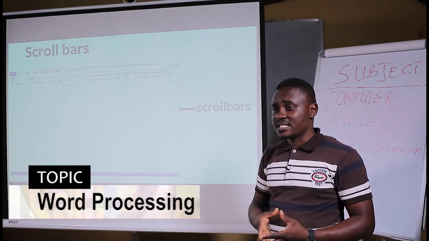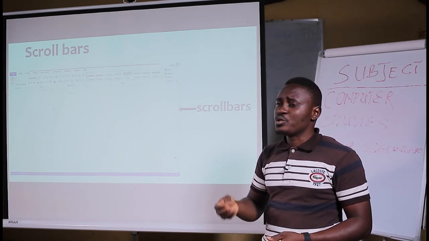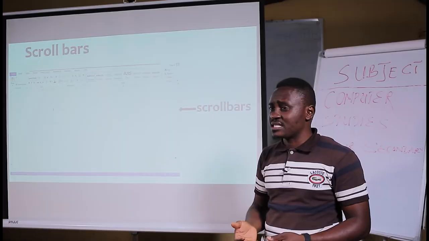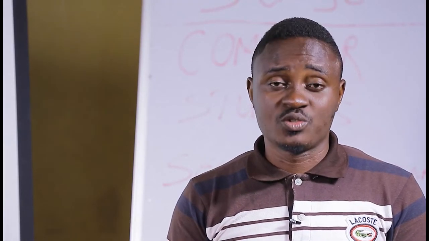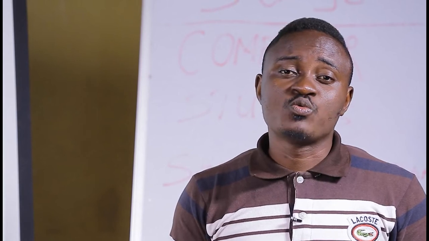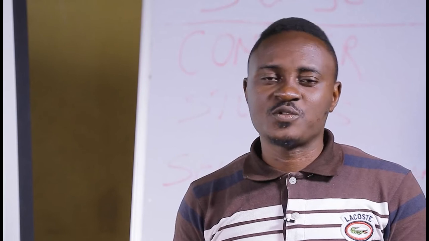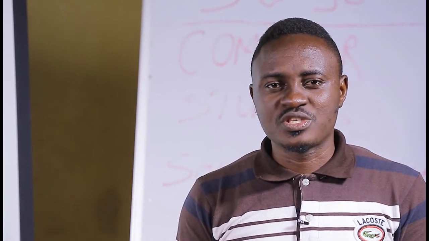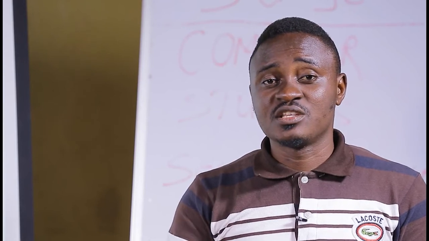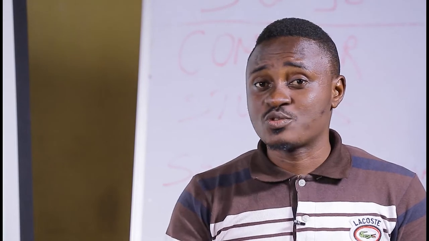And learners, I emphasize that you take note of every one of their functionalities, so it will help you in subsequent classes. We hope to put all of these things we have learned into action. So we'll be able to type documents, and we can use our rulers, which is a feature to adjust. We can use our formatting tools, that is the toolbox that has to do with italicize, bold, underline, and so on.